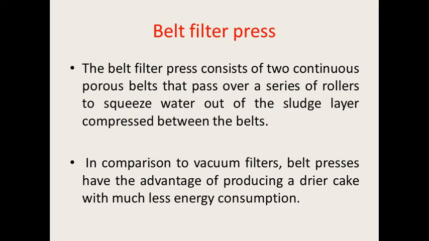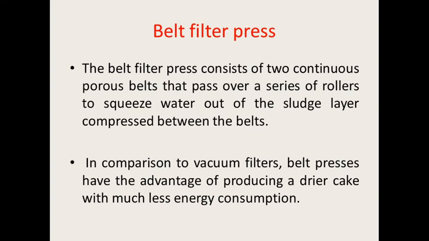The belt filter press consists of two continuous porous belts that pass over a series of rollers to squeeze water out of the sludge layer compressed between the belts. The water passes through the belts and gets squeezed out.